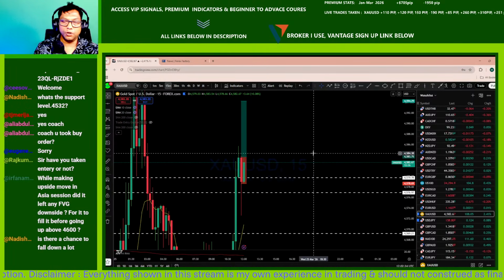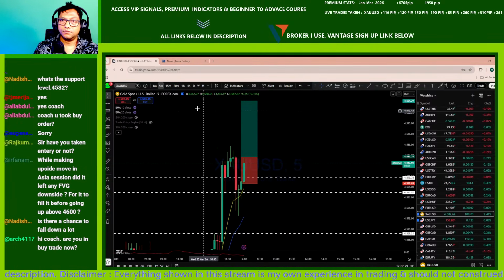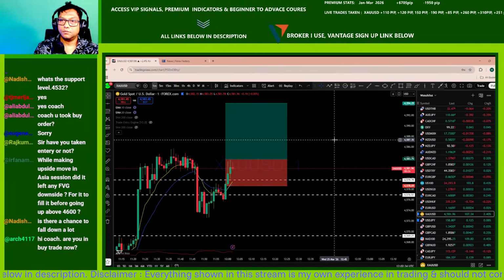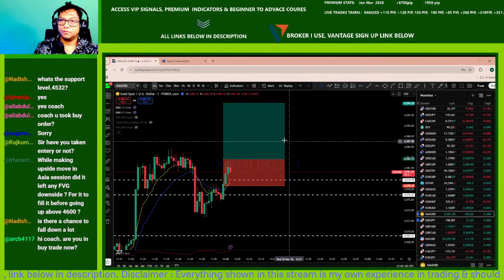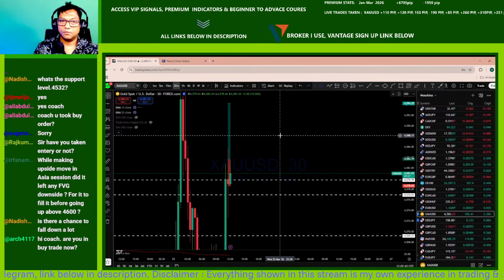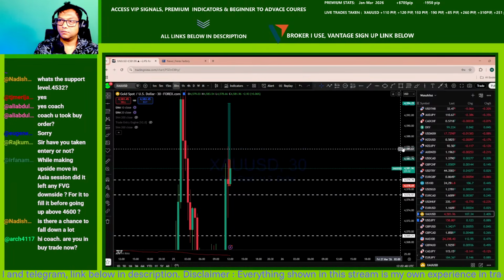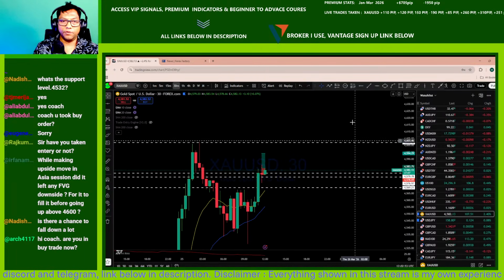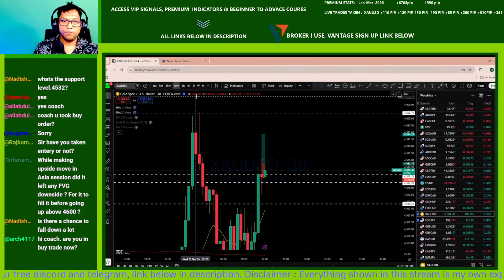If there is a liquidity sweep, the chances for this market to go back up are higher. If it breaks out, that might be going to 4600.